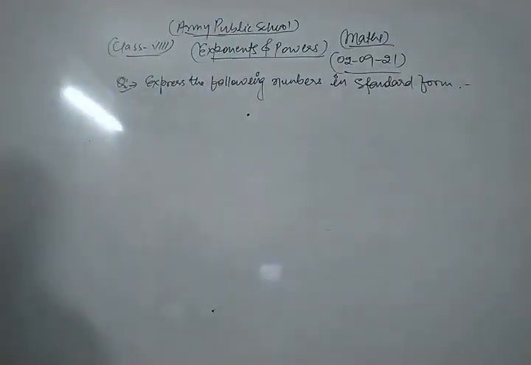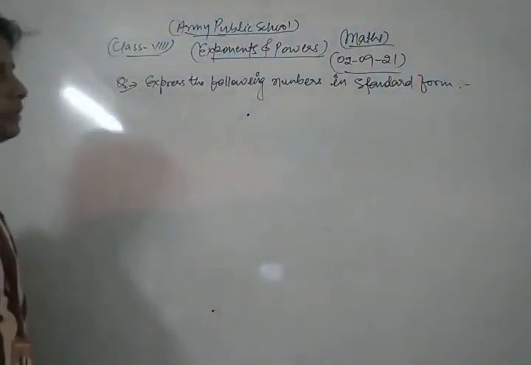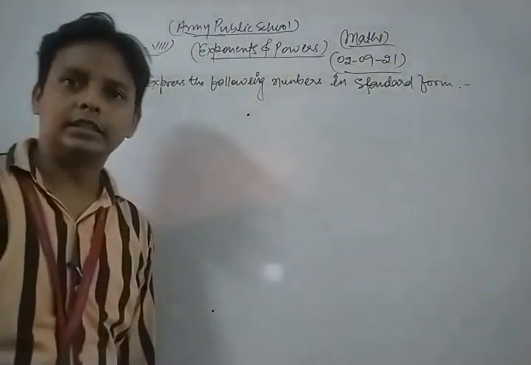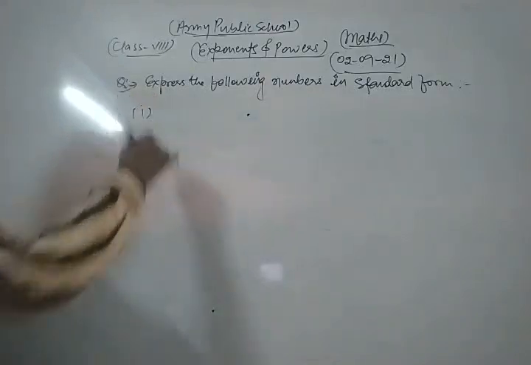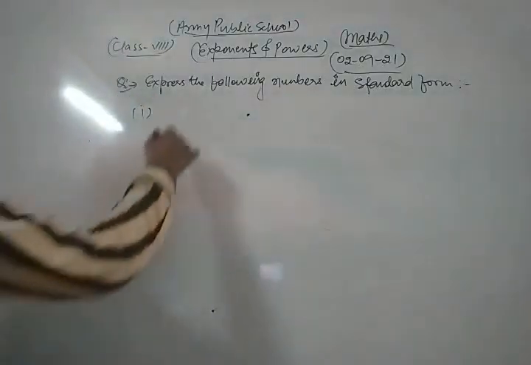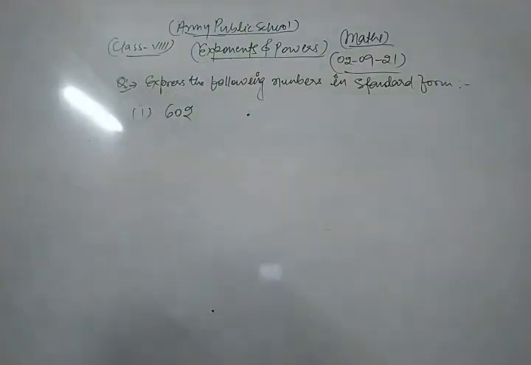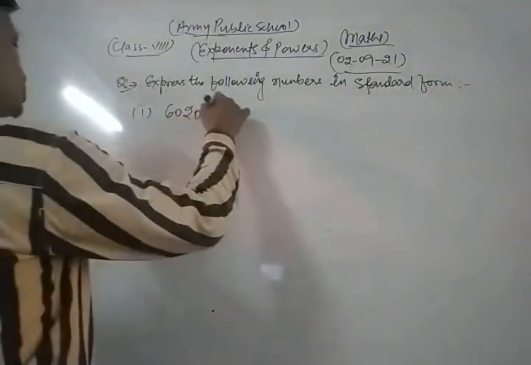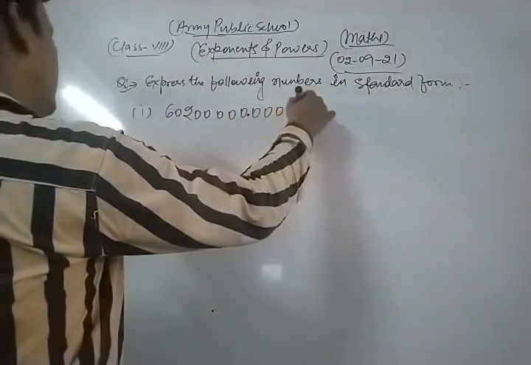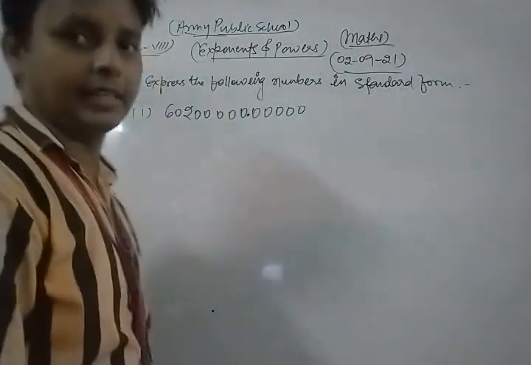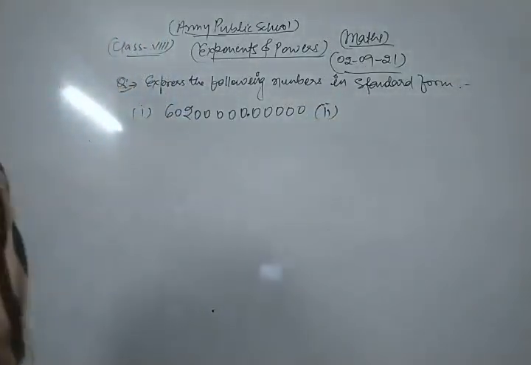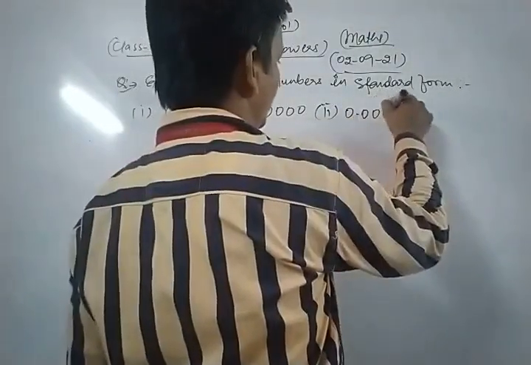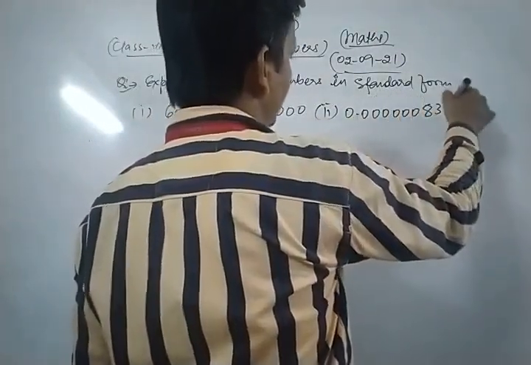The numbers are 6020100000000 and the second is 0.000000837.